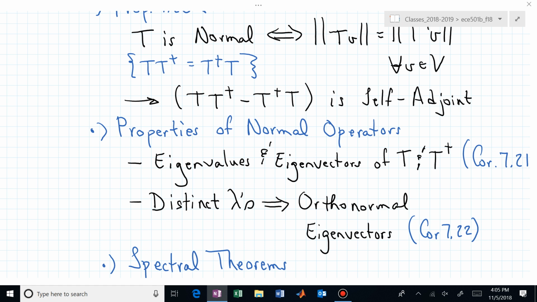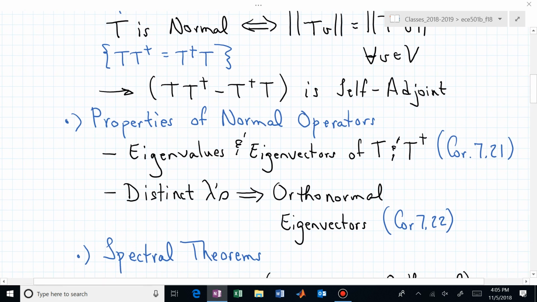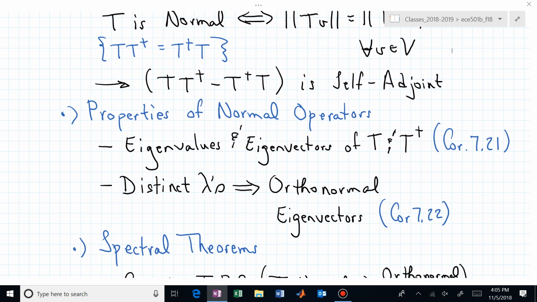Diagonals are nicer than upper triangular, for example. And how do we get these? Well, we actually get them by looking at more and more specialized maps or operators, and in particular normal operators are becoming more nice than just an operator.